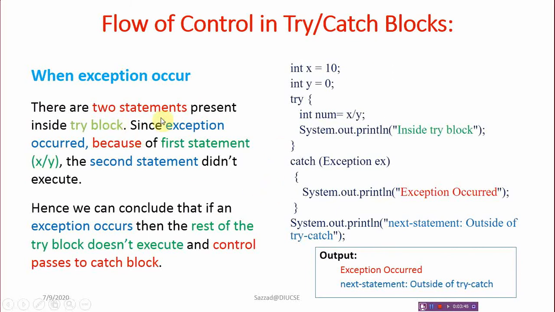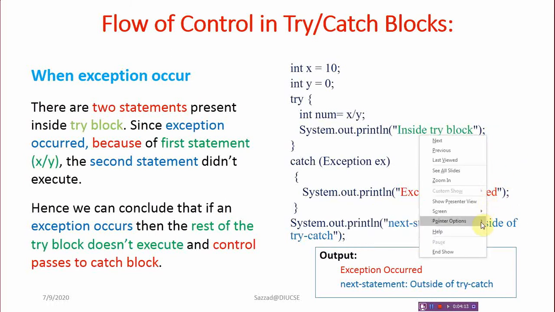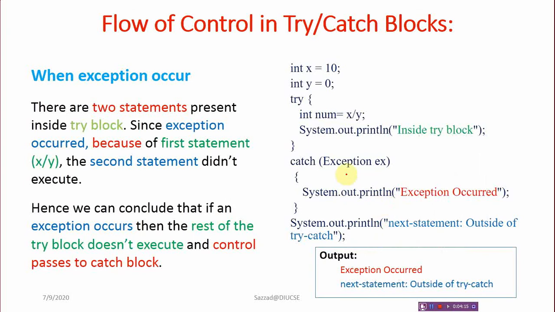So there are two statements present here. Hence we can conclude that if an exception occurs, then the rest of the try block does not execute. The rest means that after the exception happens in this line, this line will not be executed at all. It will directly move to the catch block, because there is an exception here.